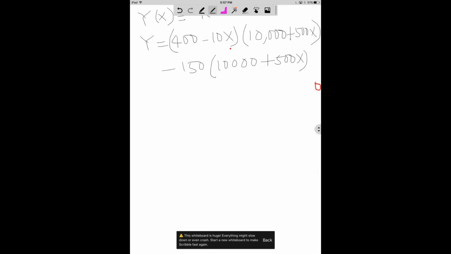So when you simplify this, open the bracket, you need to use the FOIL method. That is 400 times 10,000.